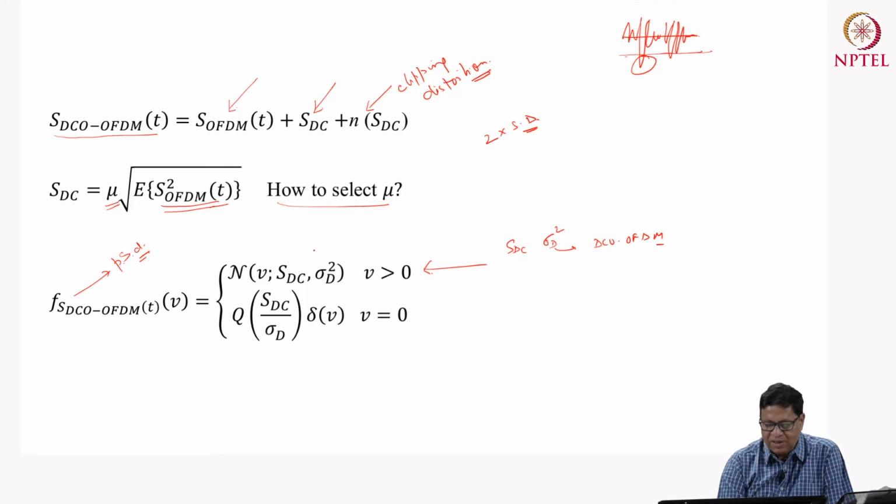So this follows a Gaussian distribution for the variable v greater than 0, and then because of the clipping, this is the distribution at v equal to 0. So this is q given by q SDC by sigma d, and this is the Dirac delta function. So this is the power spectral density of the DC shifted OFDM signal.